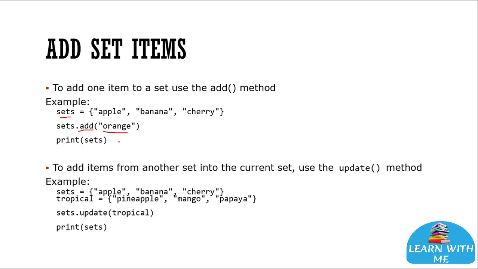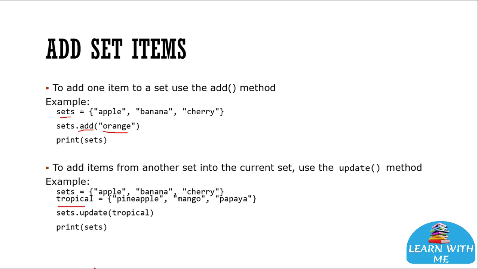The other way of adding items is using update. We have two sets over here: sets and tropical. When we use the update method, we write sets.update with tropical in the brackets, and when we print sets, you get apple, banana, cherry combined with pineapple, mango and papaya.